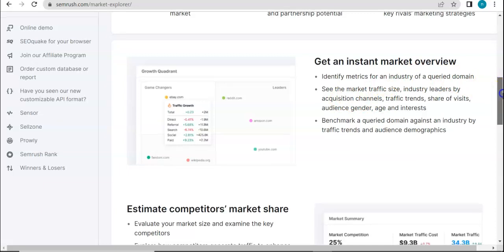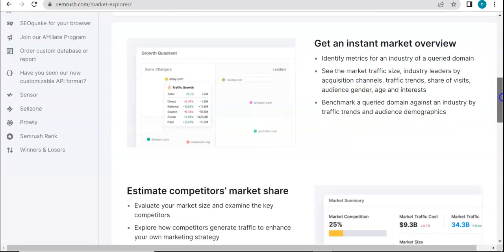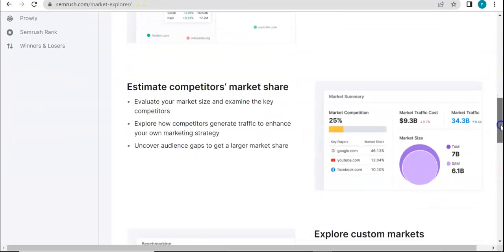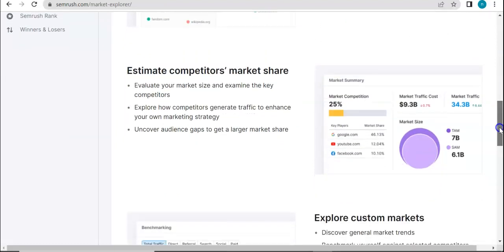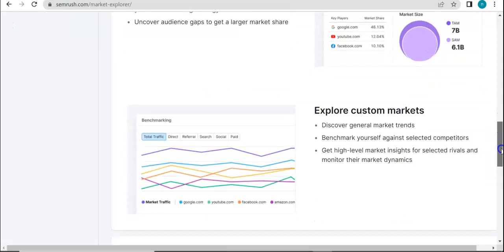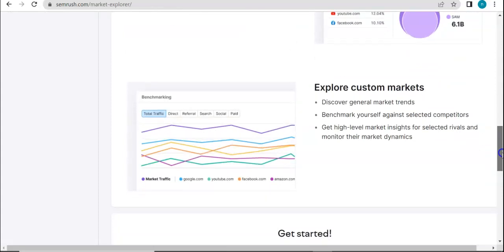What that means, we're going to be talking about that more in detail later, but essentially it is to identify metrics for an industry or a queried domain. So it will depend on what you will be inputting on the domain section above, and also you get to see or estimate your competitors' market share and explore custom markets as well.